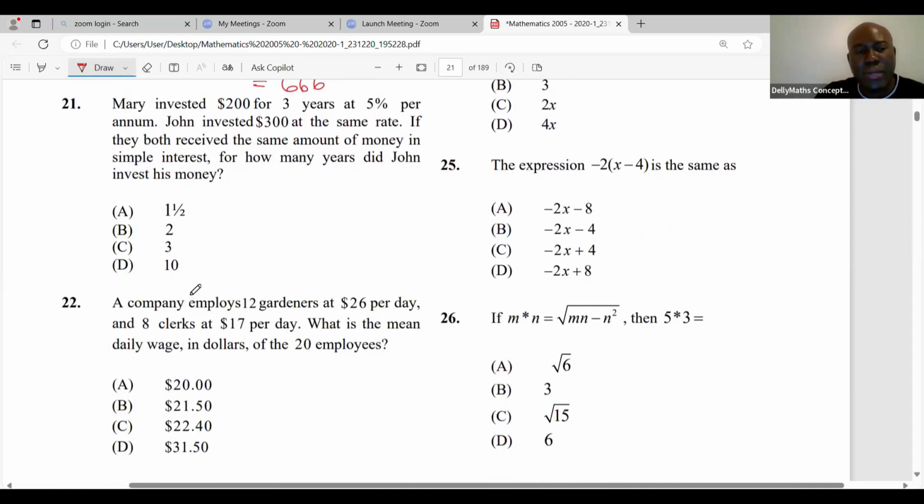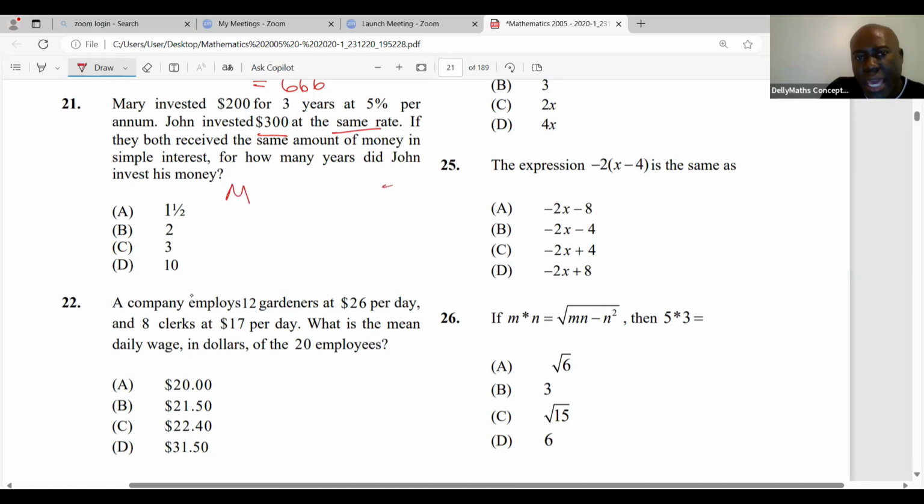As you could see, we are actually in the consumer math ideas. It says Mary invested $200 for 3 years at 5% per annum. John invested 300 at the same rate, which is at 5%. If both of them would have received the same interest, for how long did John invest? So what you could do is to set up Mary's interest on one side.